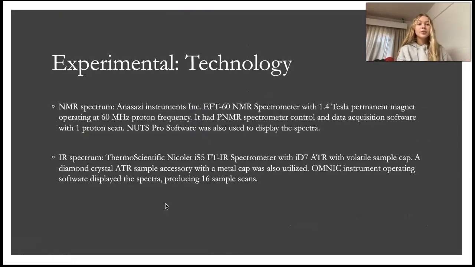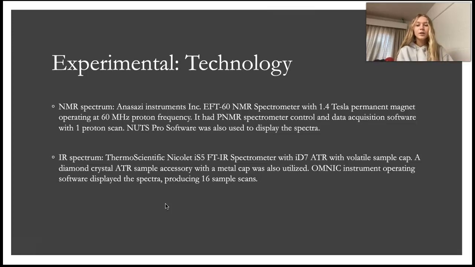So, the experimental technology used, as I just explained, the full formal terminology is: the NMR spectrometer was the Anasazi Instruments EFT-60 NMR spectrometer with a 1.4 Tesla permanent magnet operating at 60 megahertz proton frequency. It had PNMR spectrometer control and data acquisition software with one proton scan, and NUTS Pro software, which was also used to display the spectra.